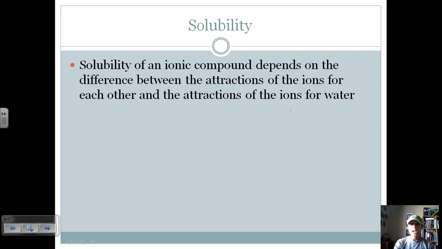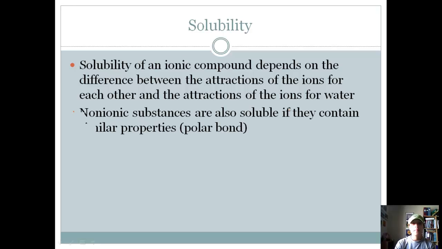So the solubility of an ionic compound depends on the difference between the attraction of the ions for each other and the attraction of the ions for water. If the attraction of the ions for water is greater, it's going to dissociate. Non-ionic substances can also be soluble in water, but they have to contain similar properties to water.